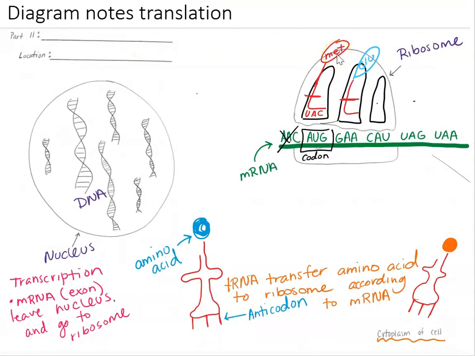The ribosome is going to form a bond to connect these 2 amino acids, and that is called the peptide bond. The ribosome will form a peptide bond.